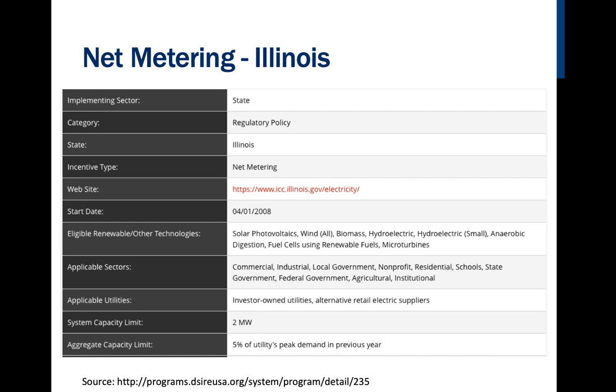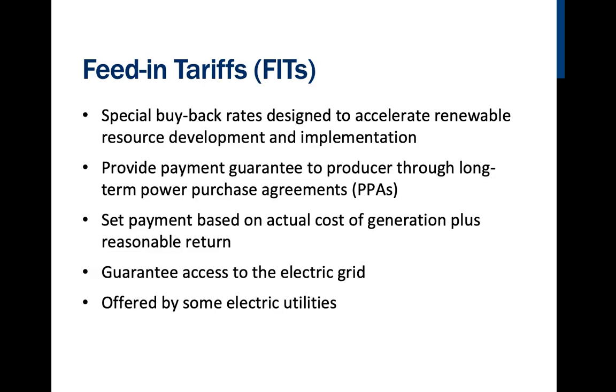So I can store my excess energy on the grid in the form of a credit, or be compensated for overproduction, what I don't use, at retail rates. And that's pretty big. That's enough to supply the energy for several hundred homes. Illinois has something going for it there.